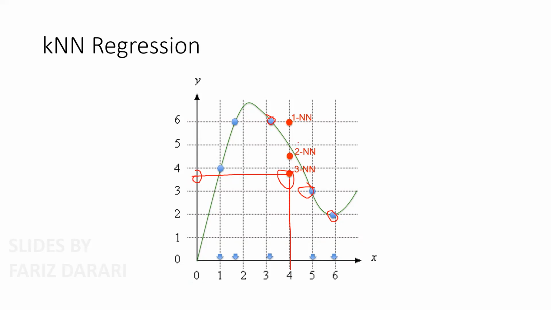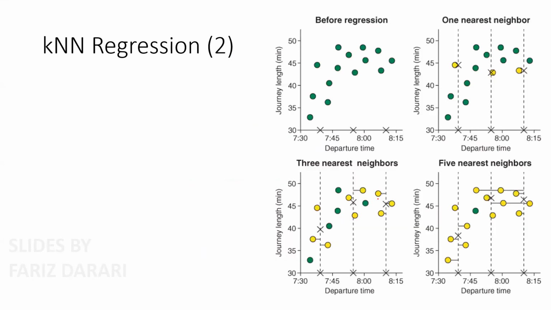But in my opinion, in this specific example, it's best to have 2NN because it's the closest to the real curve generating the data. But of course, you don't know, right? In the beginning, of course you don't know this regression curve, right? That's it.